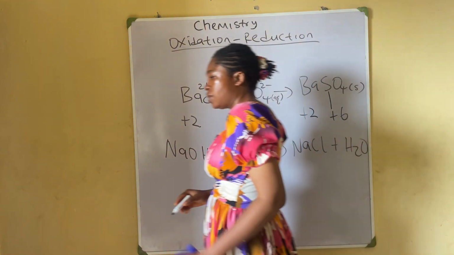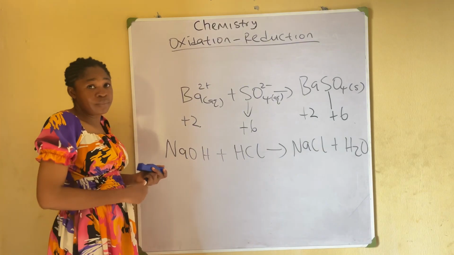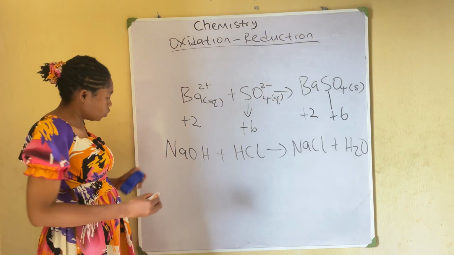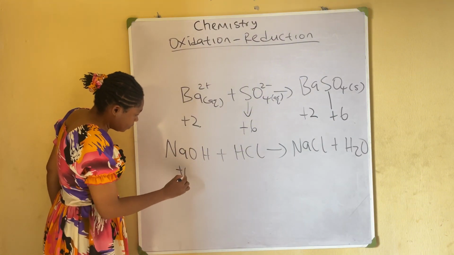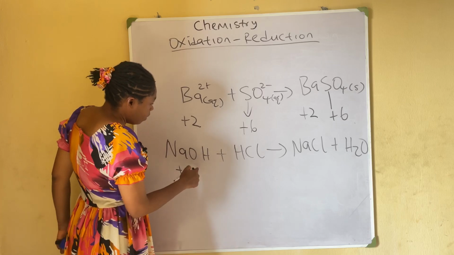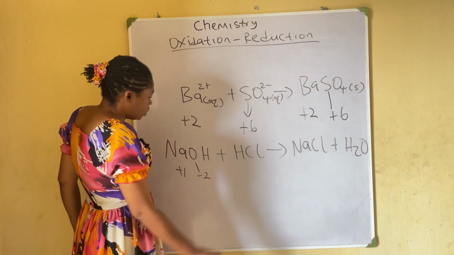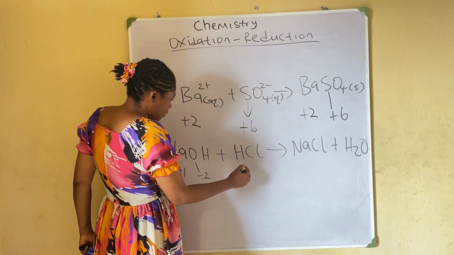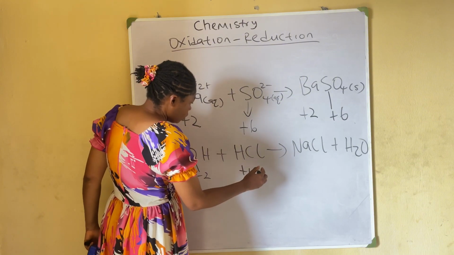Look at this equation. Let's see if this can be called a redox equation. What is the oxidation number of sodium here? +1. The oxidation number of oxygen here is also what? -2. What is the oxidation number of hydrogen here? +1.